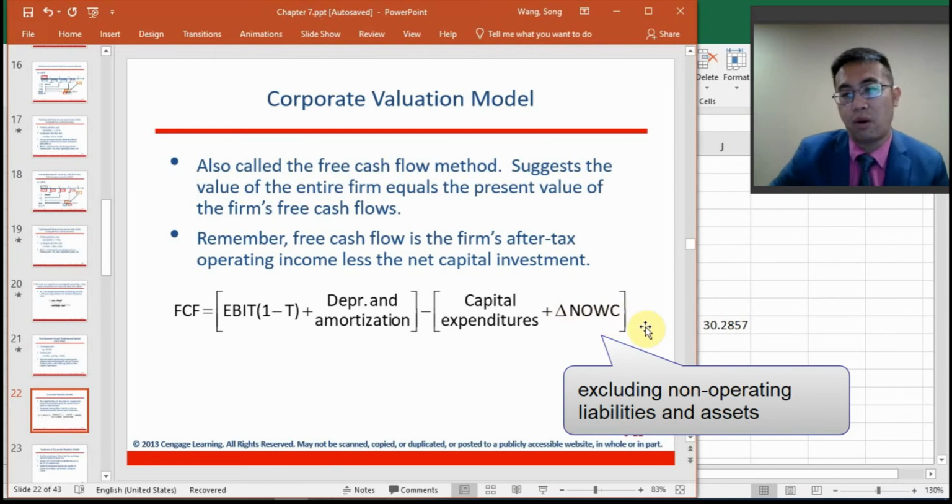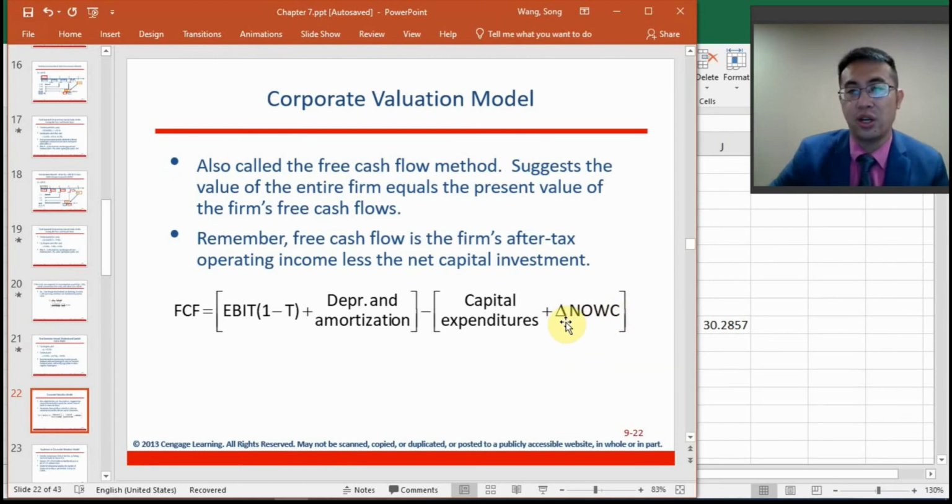And it is also important, it is the change of net working capital. So if the net working capital does not change, there would be no cash flow effect. So only when it changes, like inventories increase, that means you spend cash to build the inventory. So you should subtract that amount of cash from your free cash flow calculation. And the details will be covered in chapter 10, 11, the capital budgeting chapter.